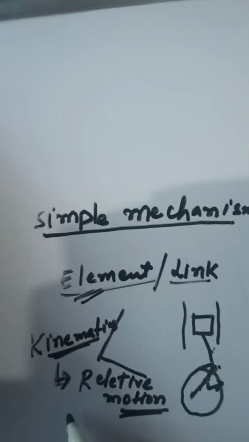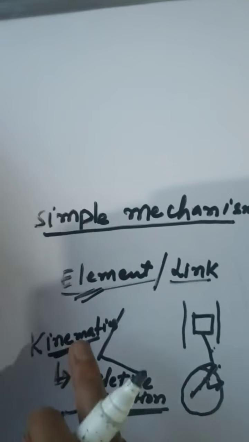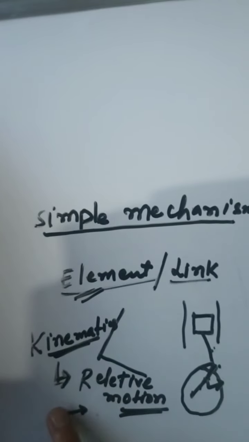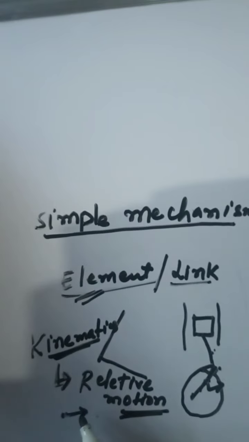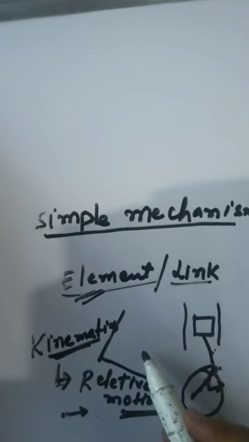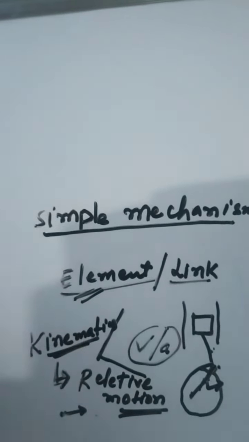Basically, if there is one object that possesses relative motion with respect to another, it is related to kinematics. It does not see what is the cause of the motion, what are the forces behind it. It only sees the motion, it only sees the velocity or acceleration.